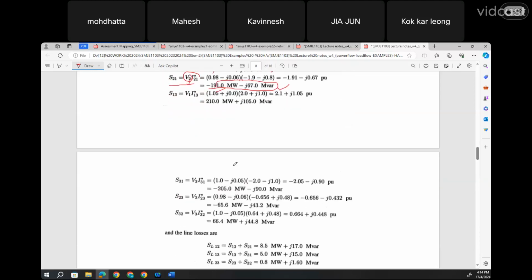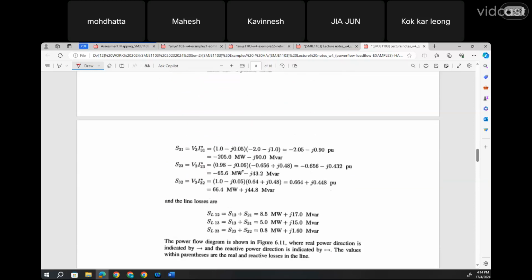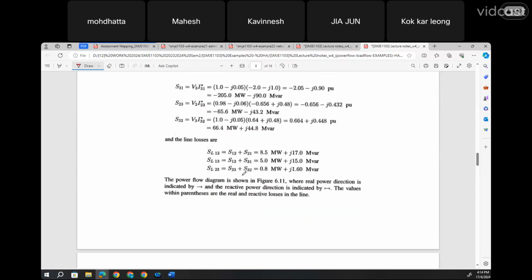Okay, if you go through this, you can see that the net complex power is the summation of these two complex powers that we calculated earlier. One is from 1 to 2, another one is from 2 to 1. Let's say I put it over here. This is 2, this is 1, this is 2, this is 1.